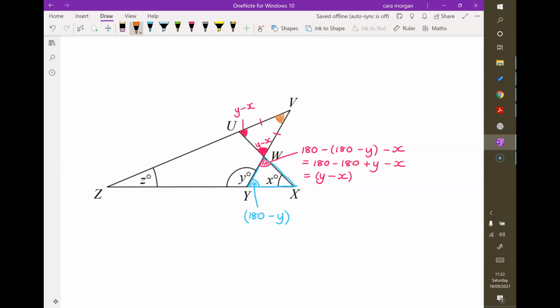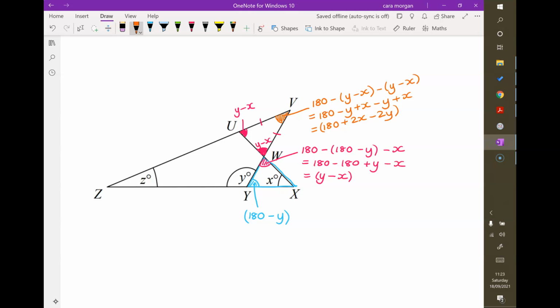Again, interior angles add up to 180 degrees, so that angle is 180 degrees, subtract Y minus X, subtract Y minus X. Simplifying, I've got 180 degrees, subtract Y, add X, subtract Y, add X. So I get 180 plus 2X, subtract 2Y for that angle.